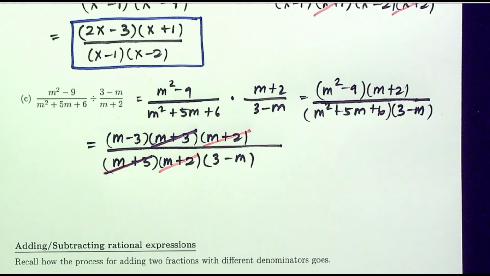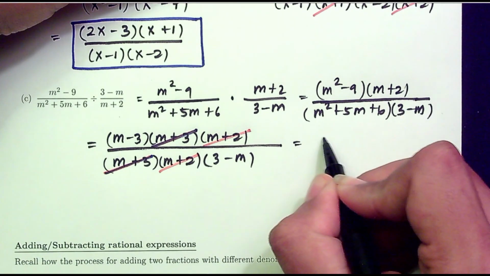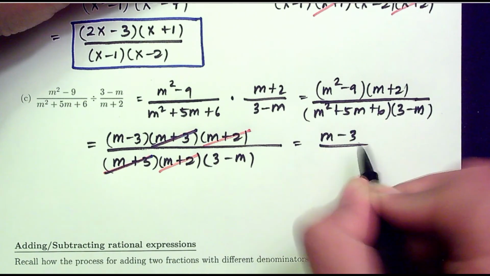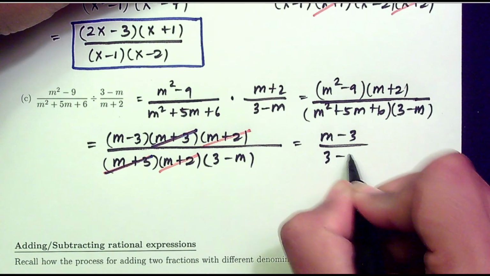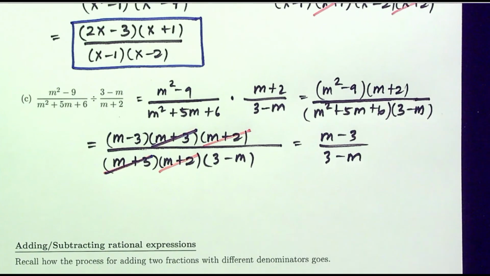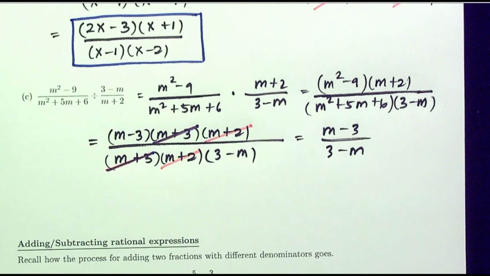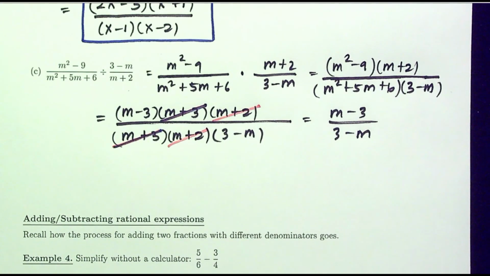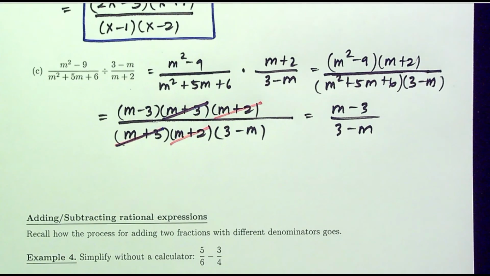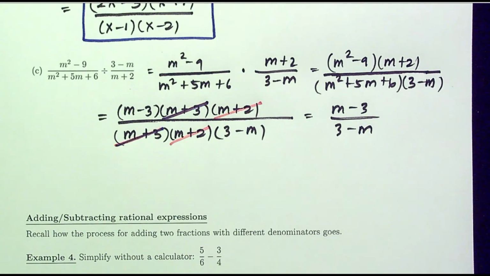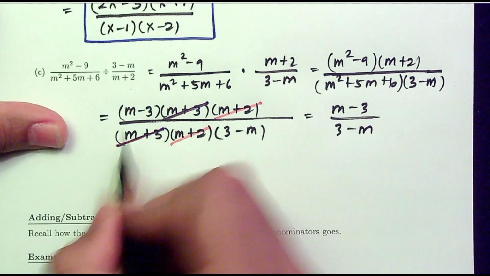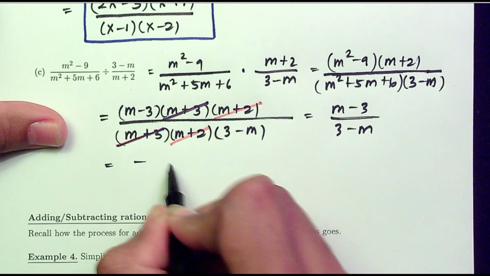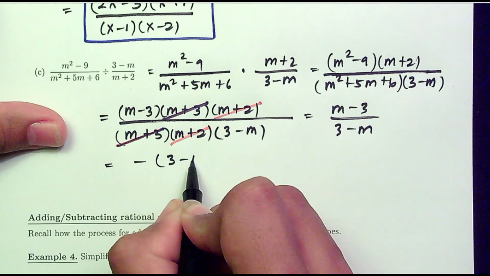Okay, this is the same phenomenon that we already encountered. These are not really identical, so we cannot really cancel them, but we can do the little trick of pulling out a negative so we can switch the order and then cancel. So we're going to pull out a negative from the top, and then we can reverse the order.